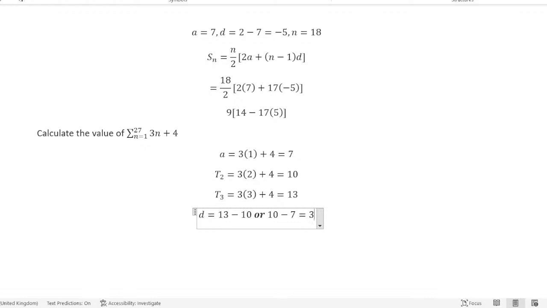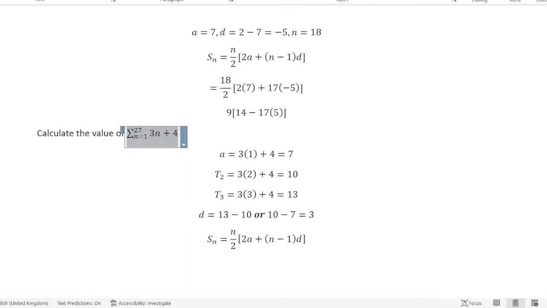So the common difference is 3. Now remember, we have this formula. Now let's substitute. Remember, we're calculating the value of this sigma notation. So let's substitute.